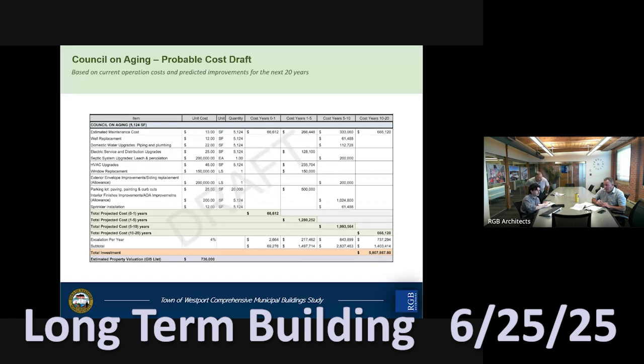Electric service, we know it's there, but it's aged. So we just basically, again, carried a replacement out 5 to 10 years, not knowing exactly how old that is now. And then domestic water upgrades, plumbing and piping.